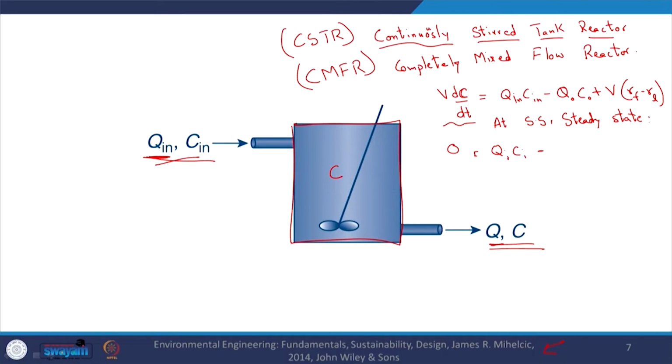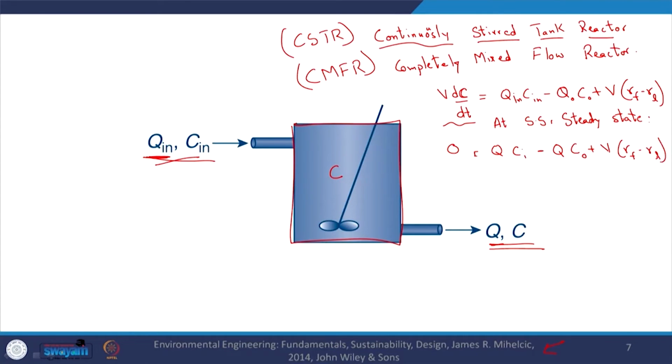So, rather than writing Q in and Q out from now, I will just use the term Q. The flow coming in will be equal to the flow going out, so Q times concentration coming in minus Q times concentration going out plus volume into rate of formation minus rate of loss.